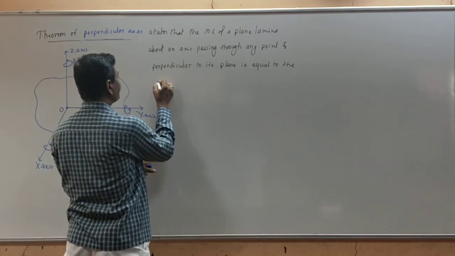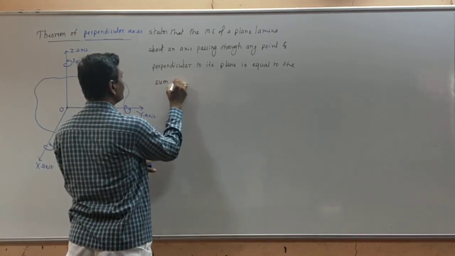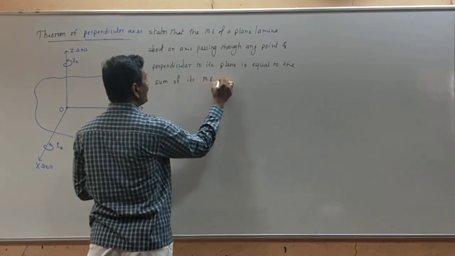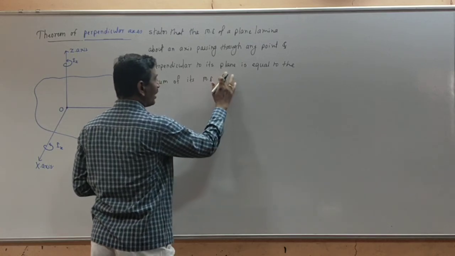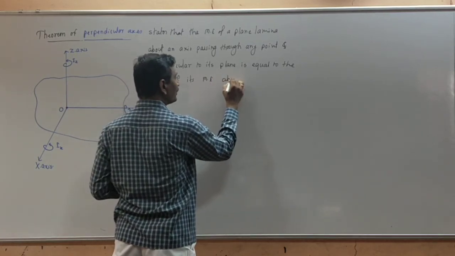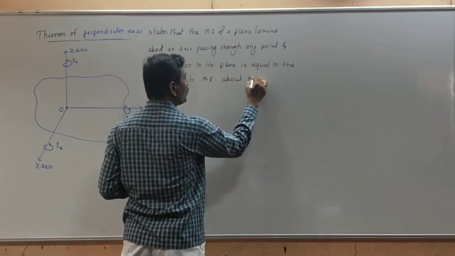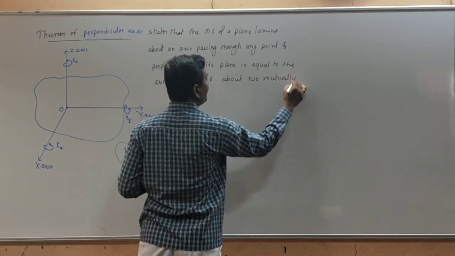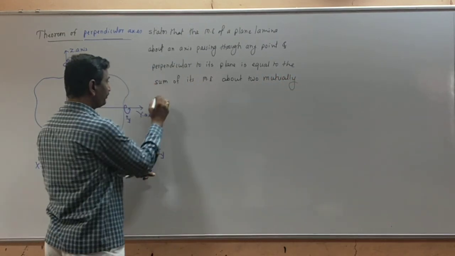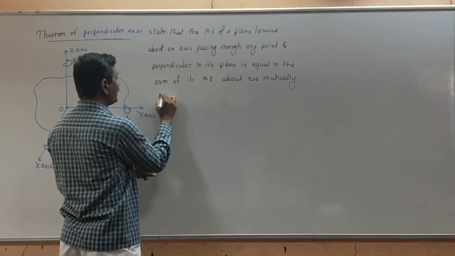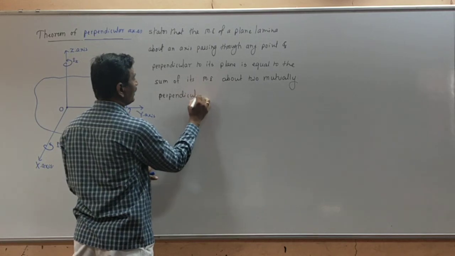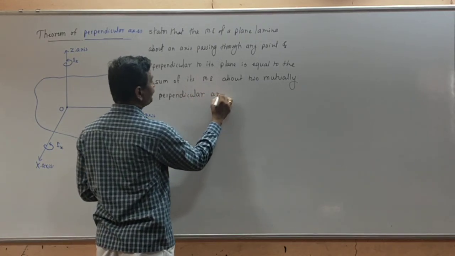The sum of its moments of inertia about two mutually perpendicular axes in the plane of the lamina.